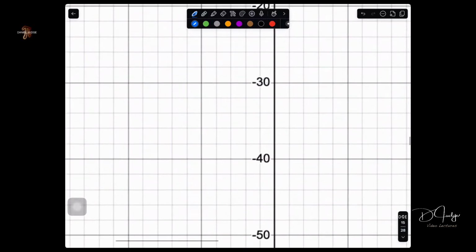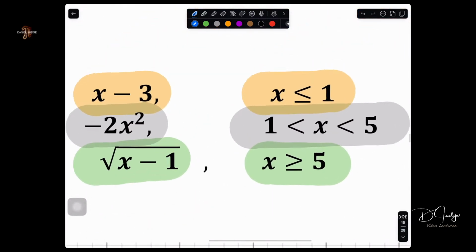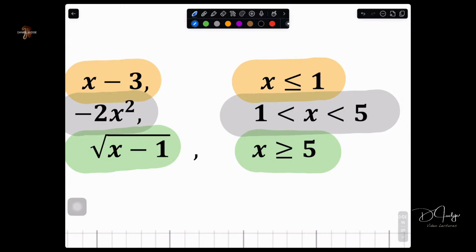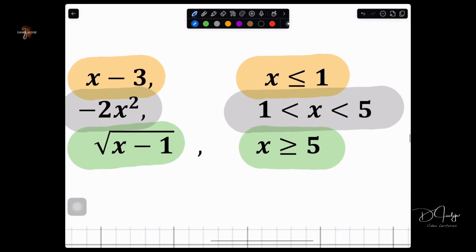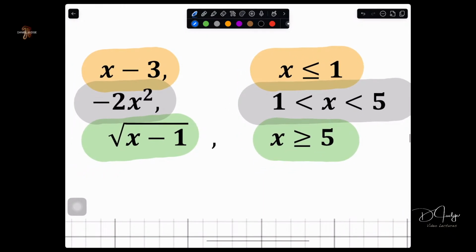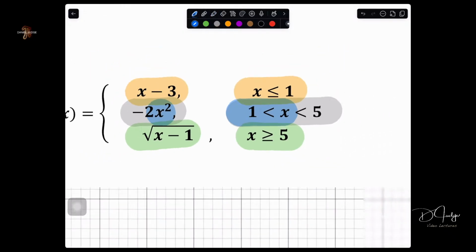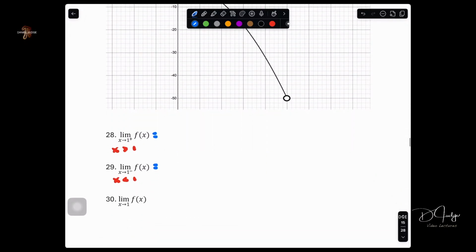So x is bigger than 1, we got to use the middle piece. We just plug in a 1 for x, and that'll be negative 2 times 1 squared, which by order of operations is negative 2 times 1, which equals negative 2.